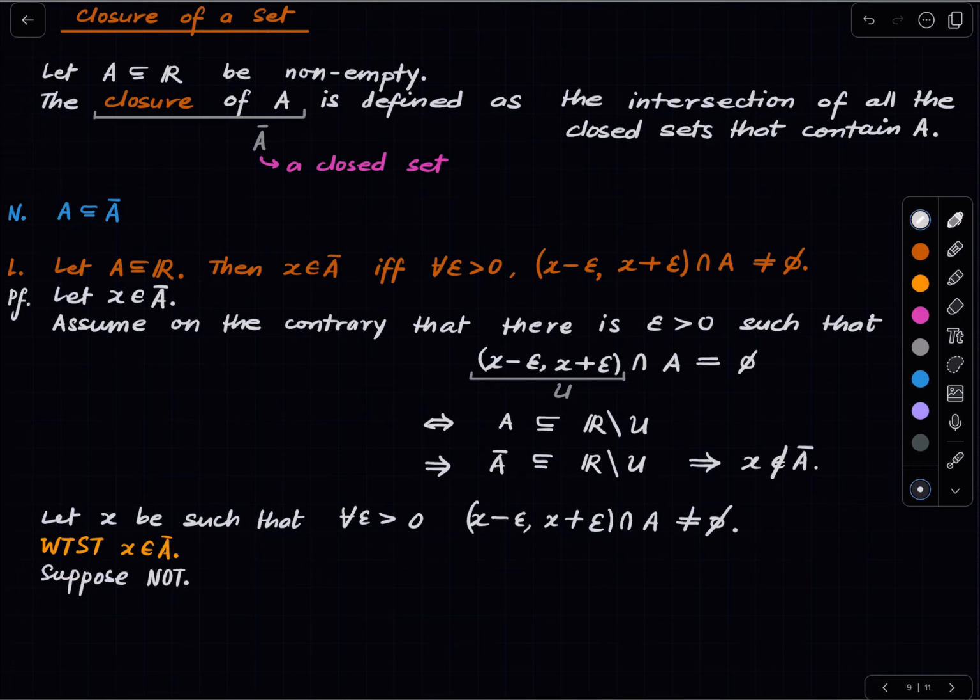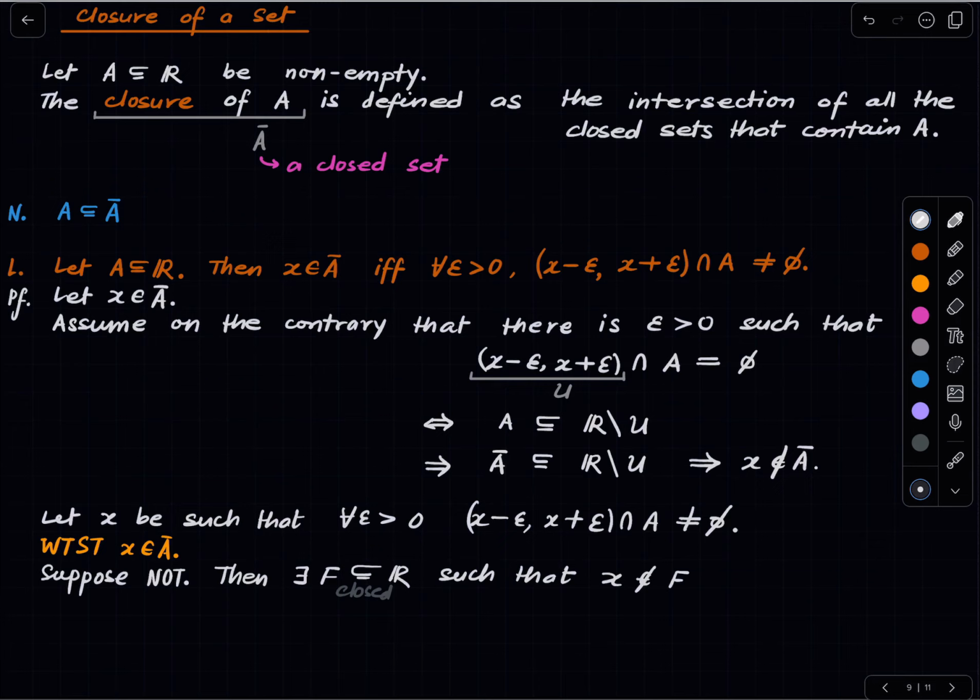Then there is a closed set F of R such that x is not in F, because if x is not in A closure, there must be some closed set which contains A in which x does not lie.